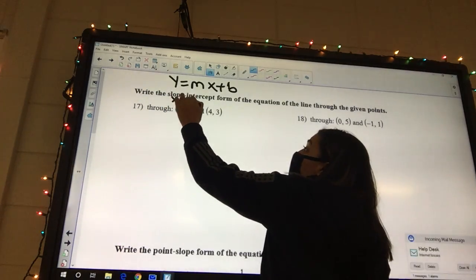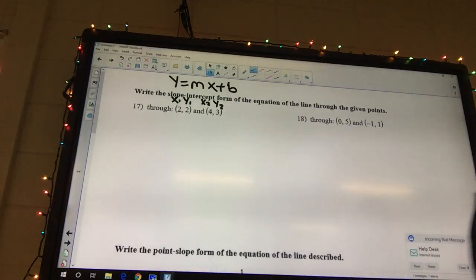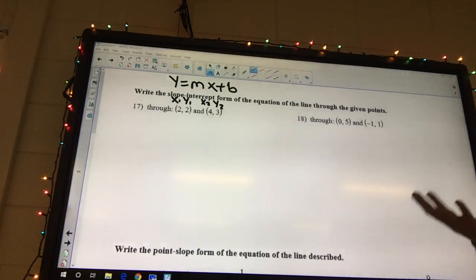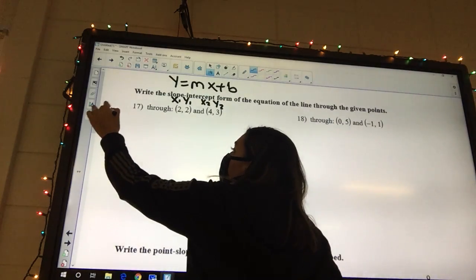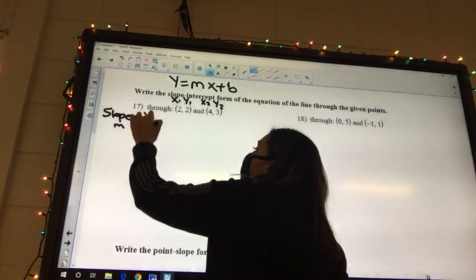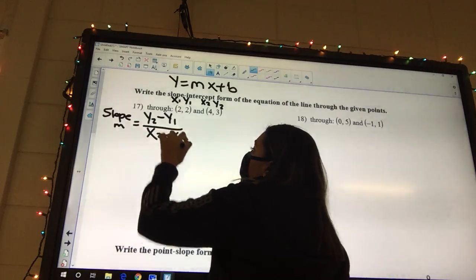Well, I've got a point, well, 2 points really. So we look at this and say, what formula uses those letters? There's only one formula that uses those letters, and it's the slope formula. That's y2 minus y1 over x2 minus x1.